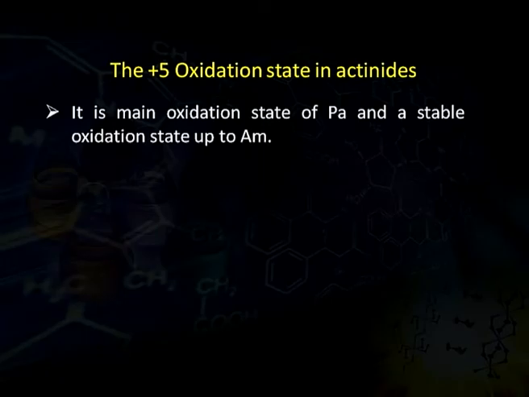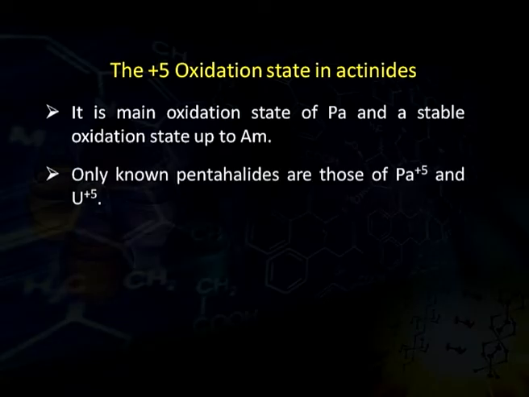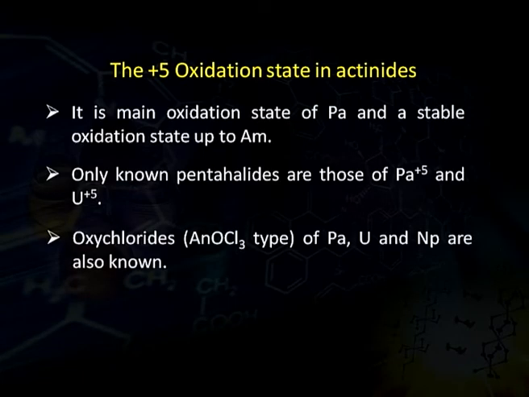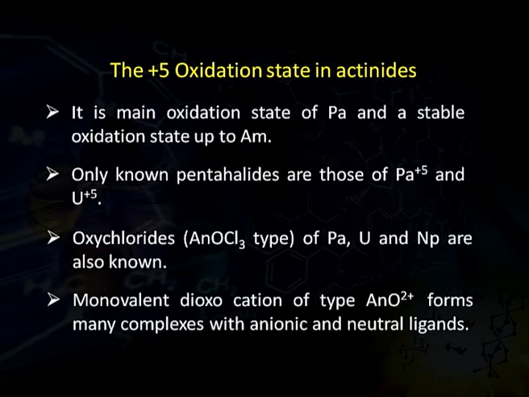It is the main oxidation state associated with protactinium and a stable oxidation state continuing up to americium. Only known pentahalides are those of protactinium and uranium in the +5 oxidation state. The oxychlorides of AnOCl3 type of protactinium, uranium and neptunium are also known. The monovalent dioxocation of type AnO2+ forms many complexes with anionic and neutral ligands.